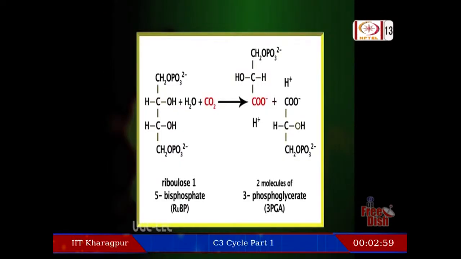A schematic representation of the C3 cycle is as follows. In the carboxylation phase, carbon dioxide reacts with RuBP, that's ribulose 1,5-bisphosphate, to yield 2 molecules of 3-phosphoglycerate.